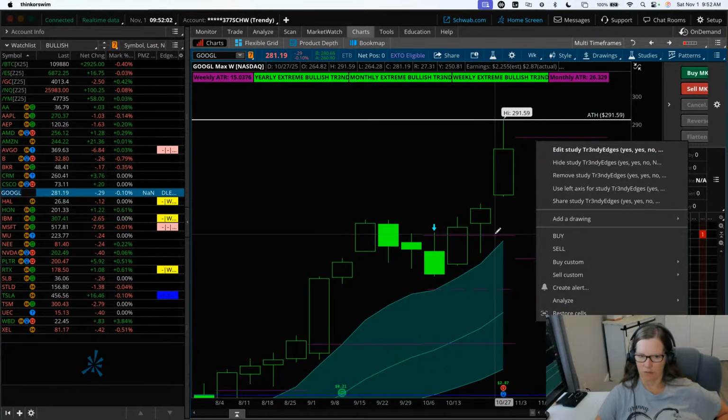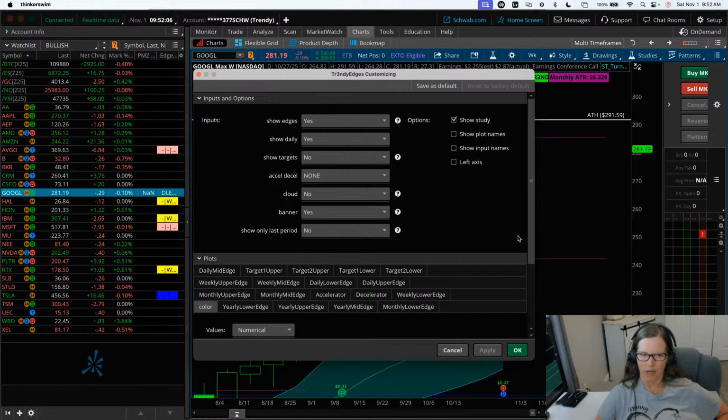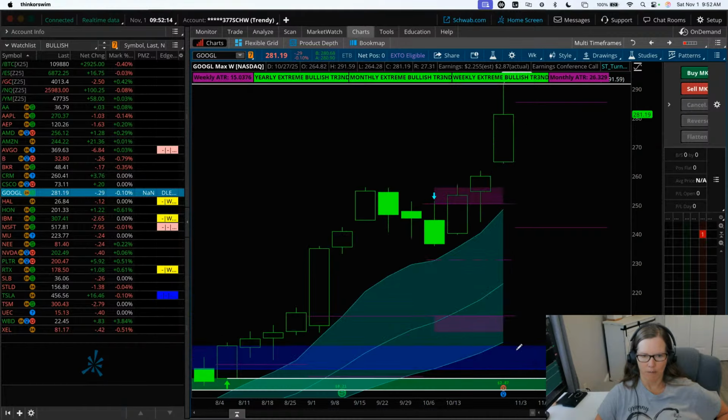Let's do these monthly edges. Okay. And turn them to yes. And we're going to pay attention to this lower monthly edge down in here. So where's the bottom? Right here.